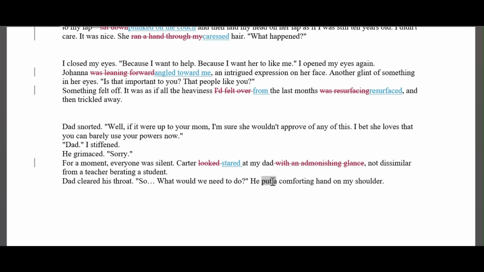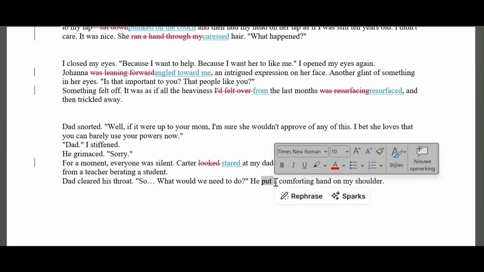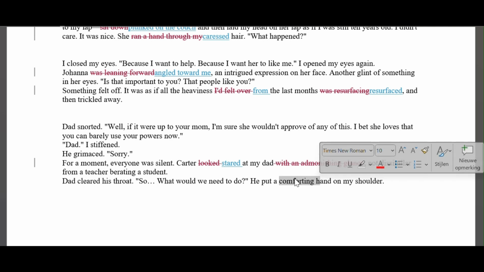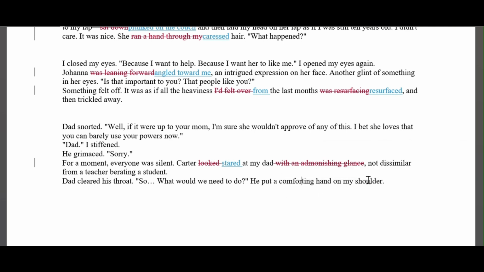So we've already discussed put is not very visual. So here we also have a weak verb. We do have a little bit of visual, as in we have comforting hand. So we do get a sense of how he's putting it on his shoulder, because when you put a comforting hand on someone's shoulder, it's very different than when you kind of clap them on the back or something.